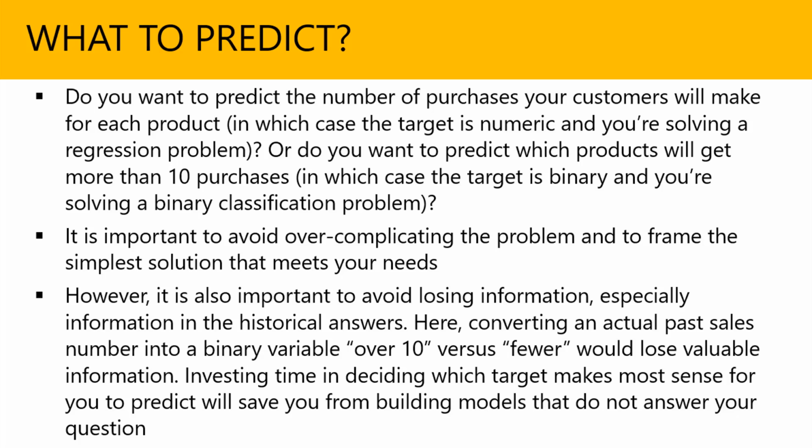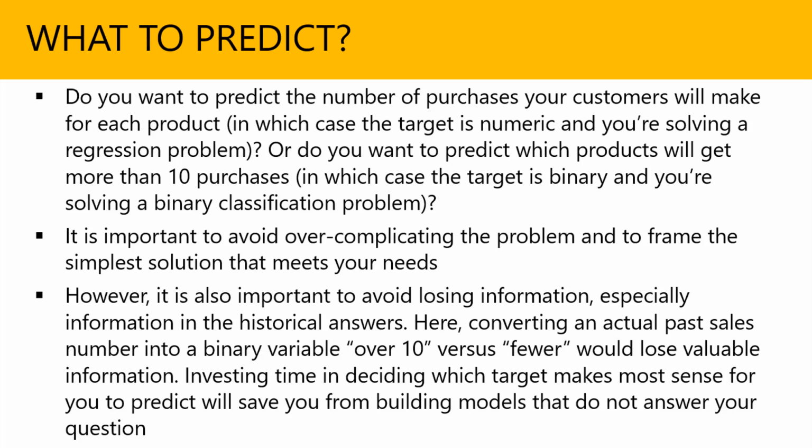So it's important to avoid over-complicating the problem and to frame the simplest solution that meets your needs. It's also important to avoid losing information, by the way, keep that in mind, especially if the information is in historical answers. So, for example, converting an actual past sales number into a binary variable, over 10 versus fewer, right, would lose valuable information.